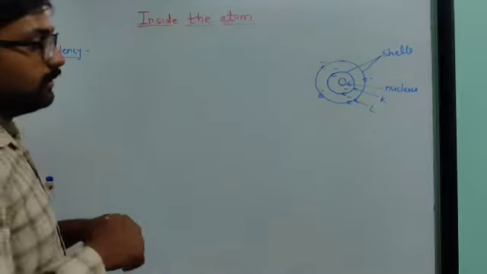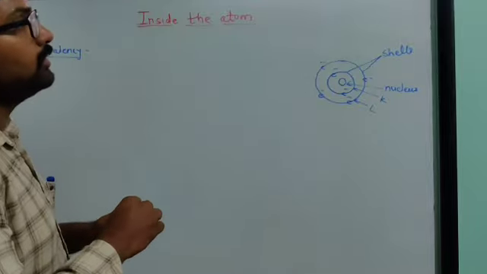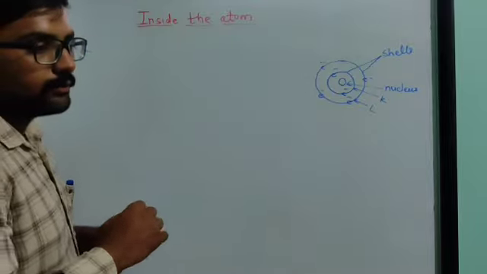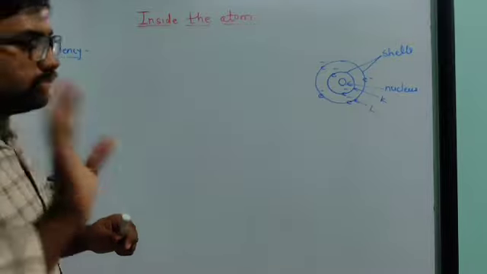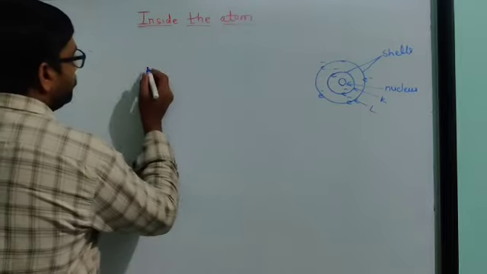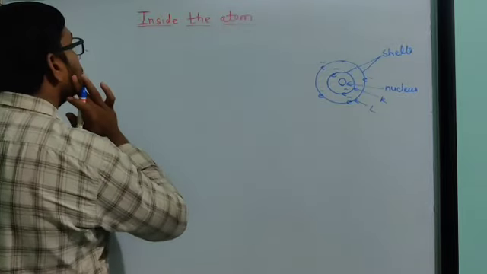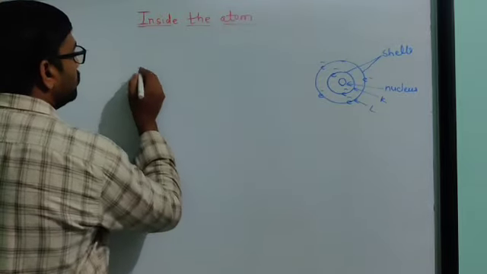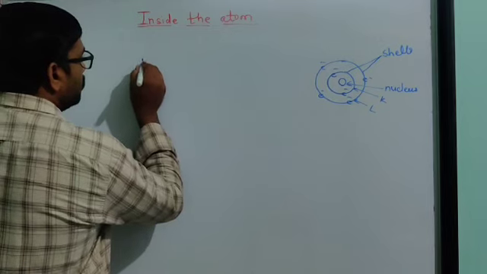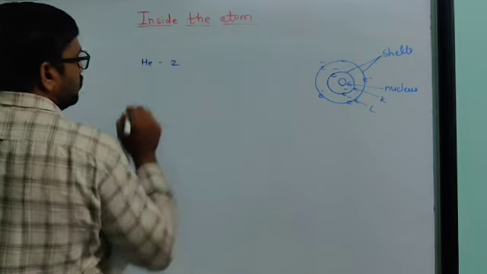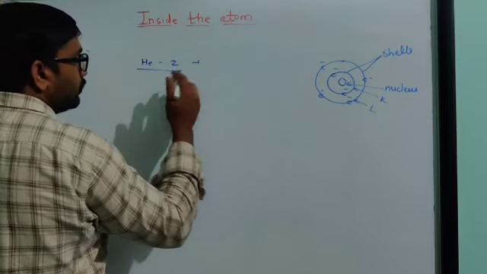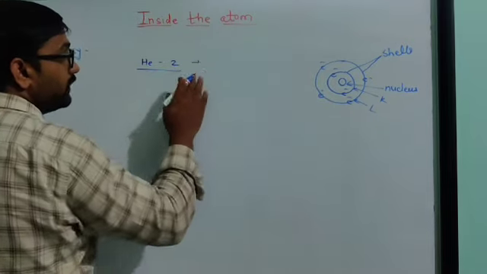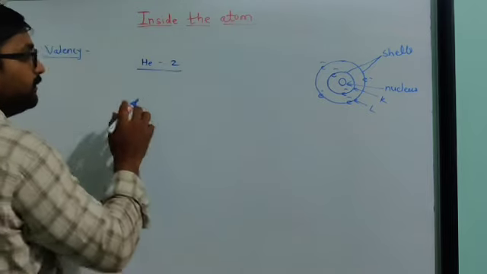Now for today I give you some examples. You don't have to look in your book now; you have to try it on your own. Helium, 2 electrons: you have to draw the atom and write the electronic configuration of the given element.